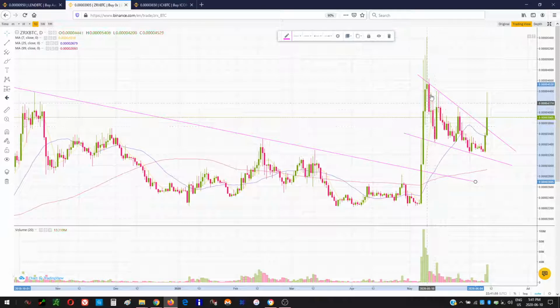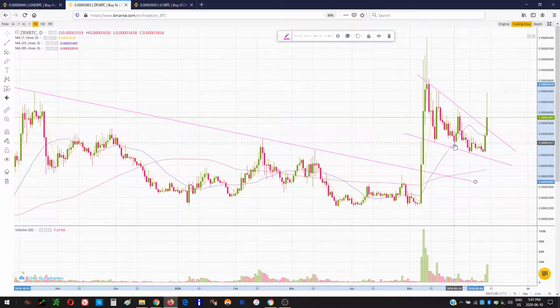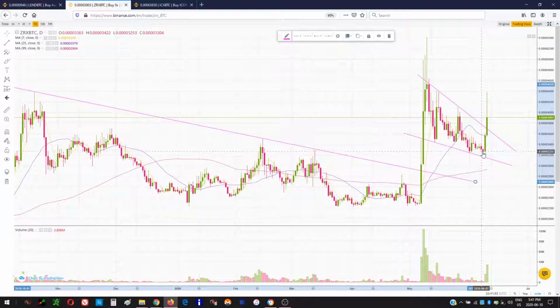So you've got this consolidation in this pennant. We got strength here, but if you ignore the second bar of strength and look at the first one, yeah, it's bigger, but it left a wick. It's not really convincing. When you look at price action here, you've got these little selling bars, and then bang, a big buying bar, and it closes very close to its high.